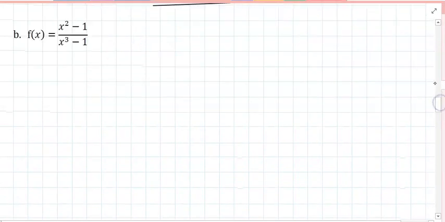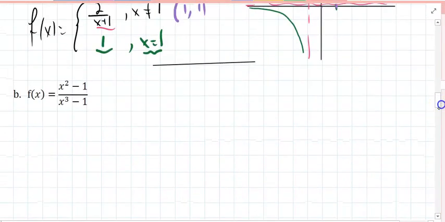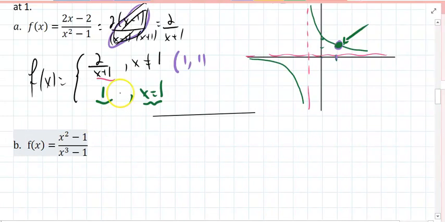How about this problem? Same deal. This problem is not continuous at 1. Well, if you really think about it, this is x minus 1 times x plus 1 over x minus 1 times x squared plus x plus 1. Those cancel out.